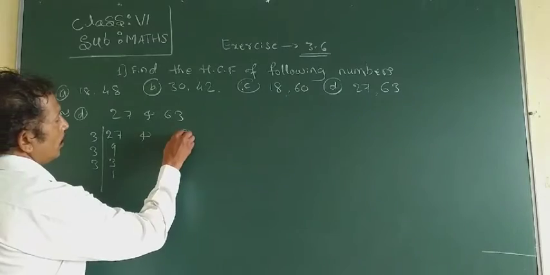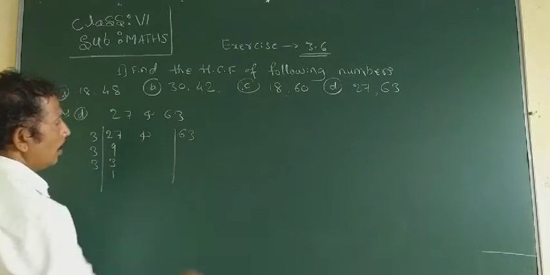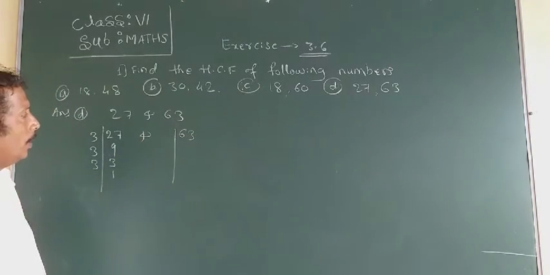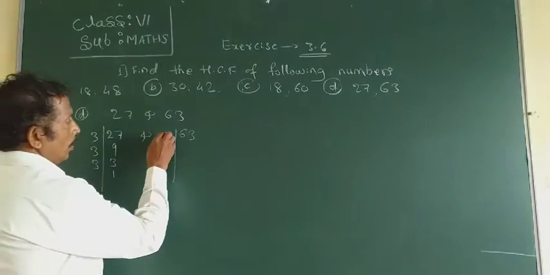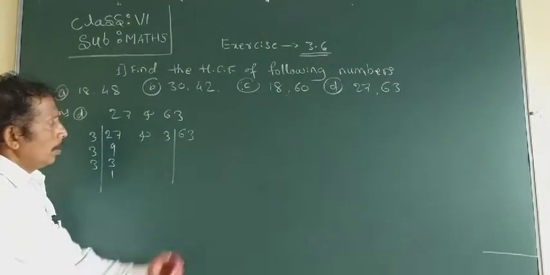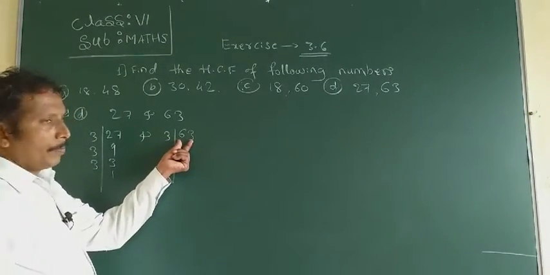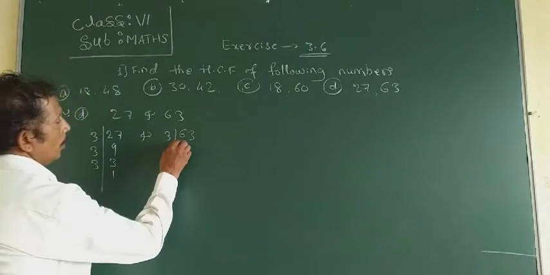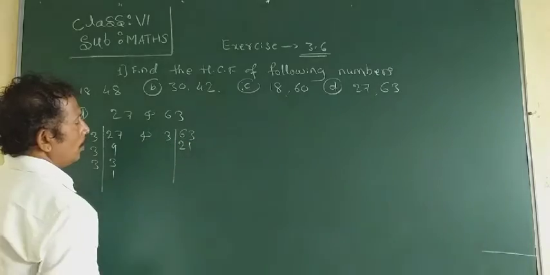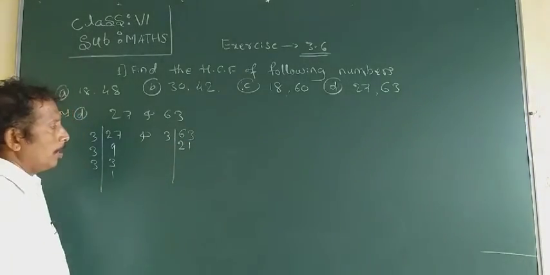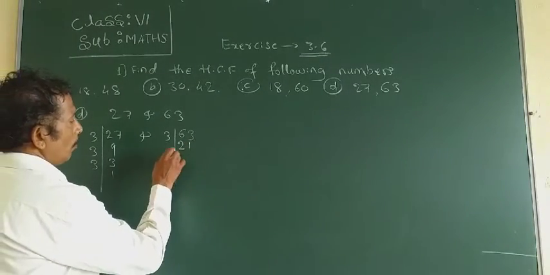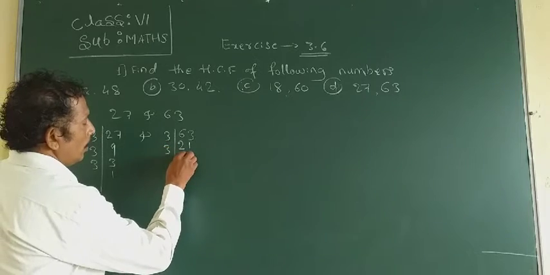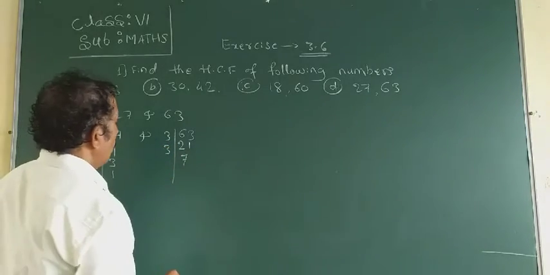Second number is 63. Divide this 63 by 3, because we cannot divide 63 by the first prime number 2. Therefore take 3. 3 2s are 6, 3 1s are 3. Now the new number is 21. Divide 21 once again by 3. 3 7s are 21.